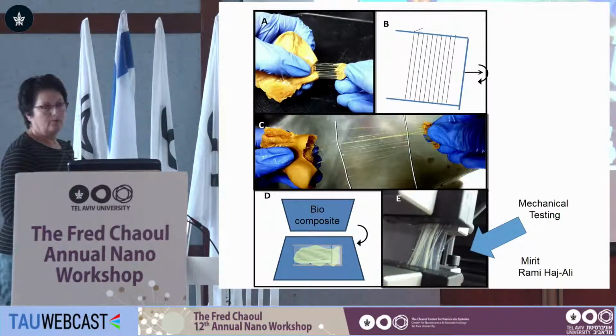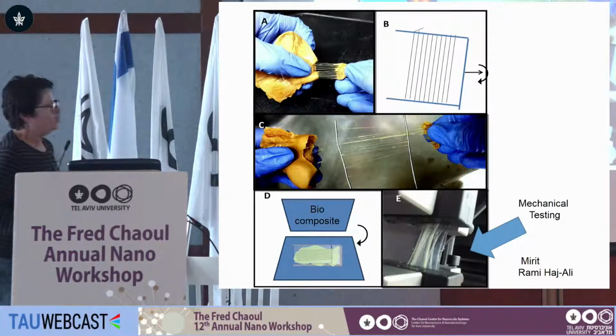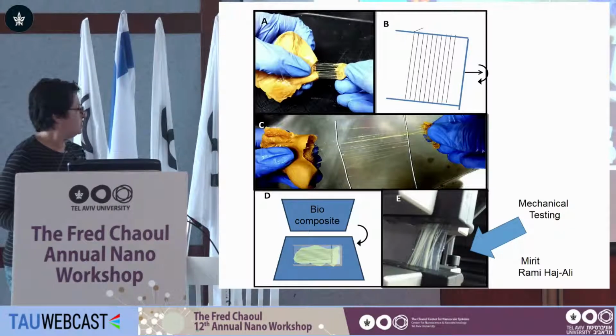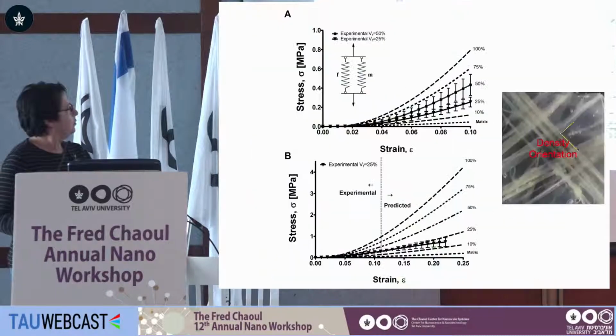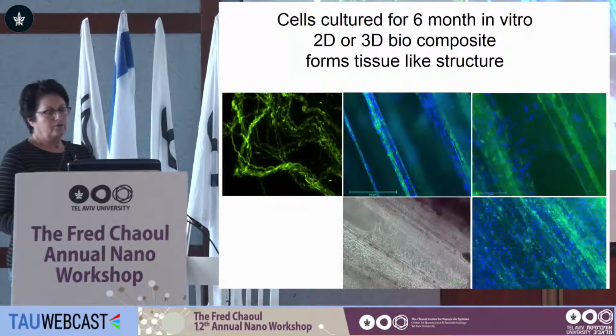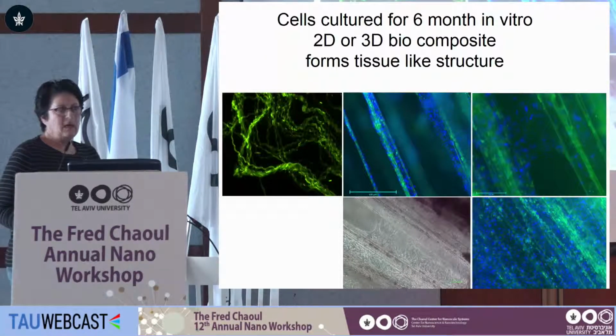And we have shown, in collaboration with Professor Rami Khajali from mechanical engineering and a collaborative student, that it will hold different potential for stress-strain activity, depending on the density of the fibers and their orientation. And in vitro we have shown that the cells love this material.